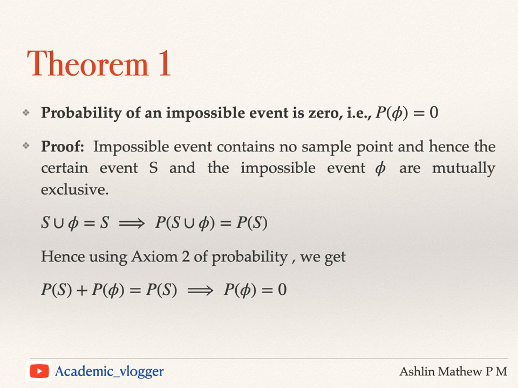So we can write the union as a summation. From there we get the probability of S plus the probability of phi is the probability of S. That means the probability of phi must be 0.